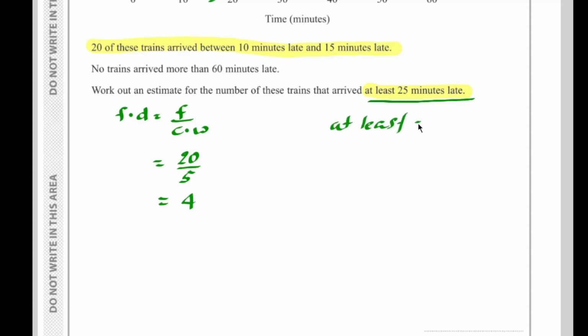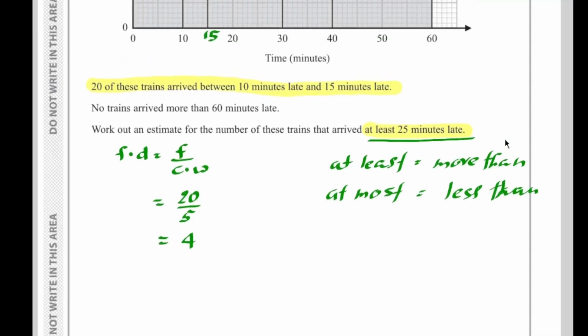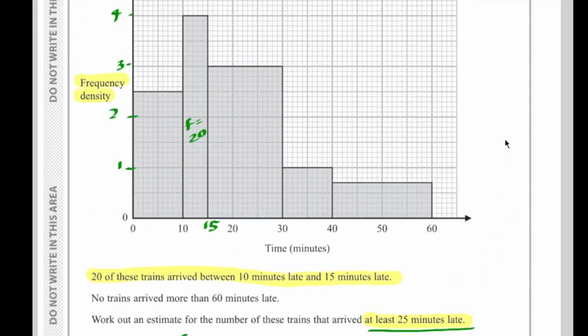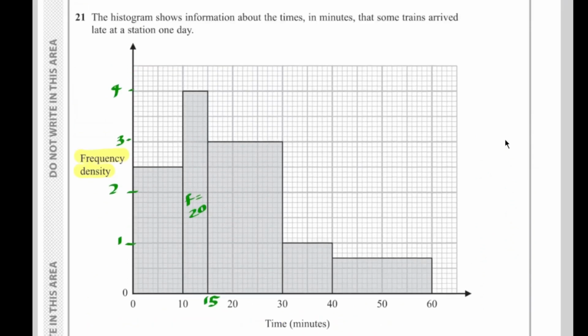At least means more than, 25 or more than 25. At most means, whenever you get the question, at most means less than. So here at least, therefore 25 minutes or greater than 25.